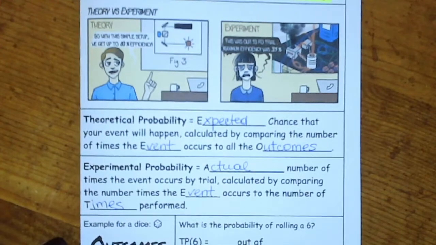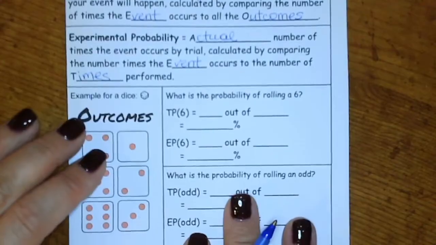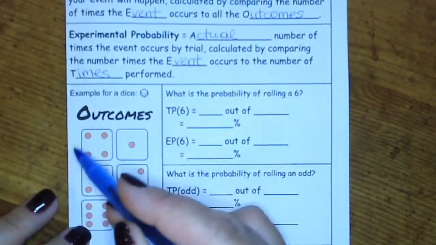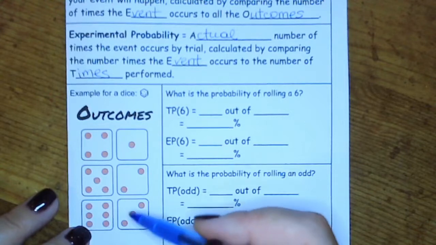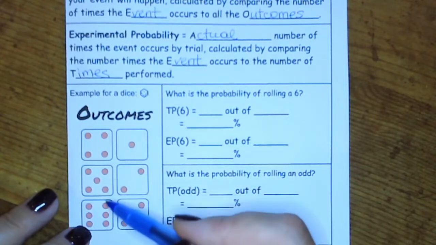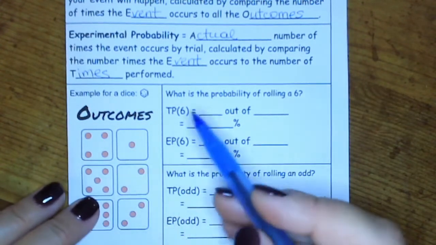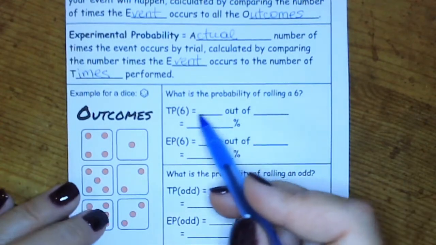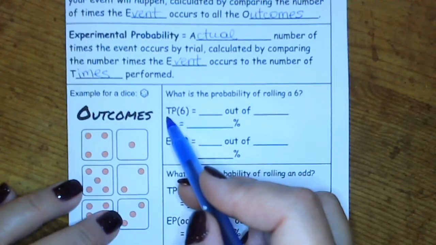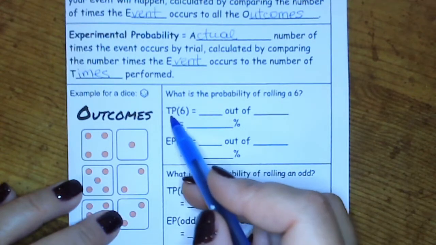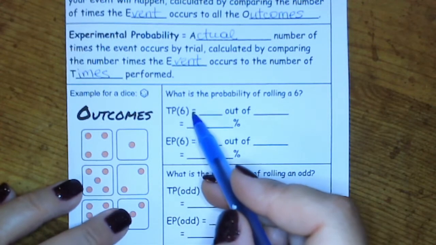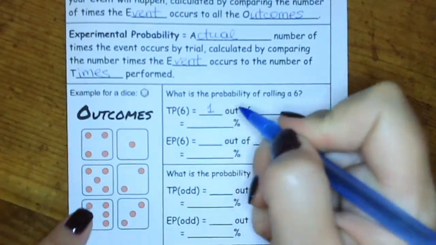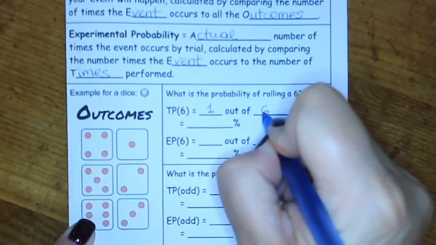For example, in a die, when we roll dice, we have 6 possible outcomes, right? So we can get a 1, a 2, a 3, 4, 5, or 6. In theory, the theoretical probability, TP, of rolling a 6 is 1 out of the 6 possible outcomes.